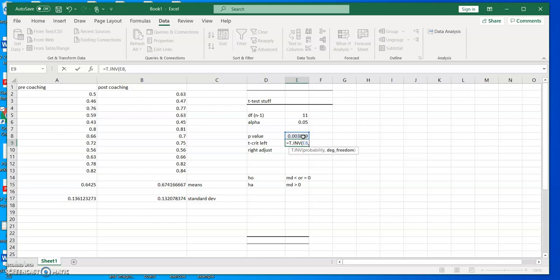Got that loaded. It's going to ask for our degrees of freedom. And that's all I need here. So I'm going to hit enter. It's going to give me on the left a negative 3.24, which is analogous to a 3.24 on the right because the t-distribution is symmetrical. So basically whatever happens on the left is a mirror image on the right.